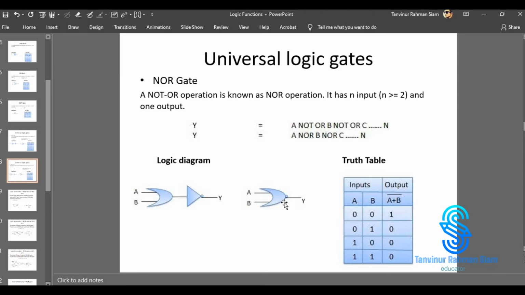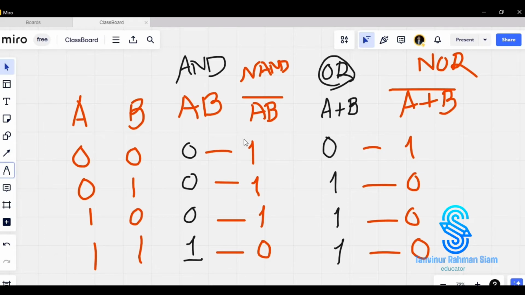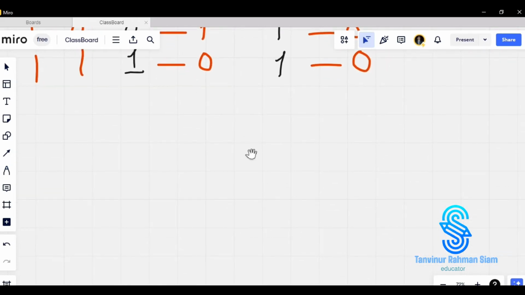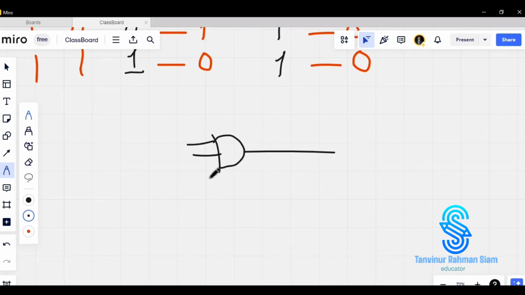So the question will be, how can we remember the logical diagram? It looks complex, so how can you remember? It's also easy. Just see, in case of the NAND gate, as we have already seen, this is the AND gate. And what will be the NAND gate?